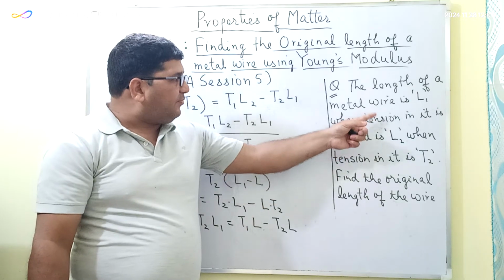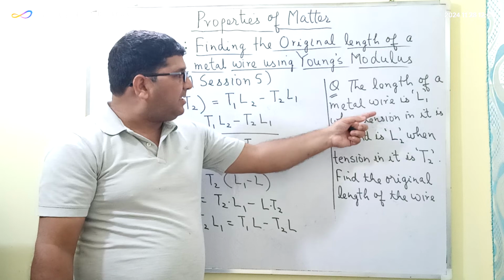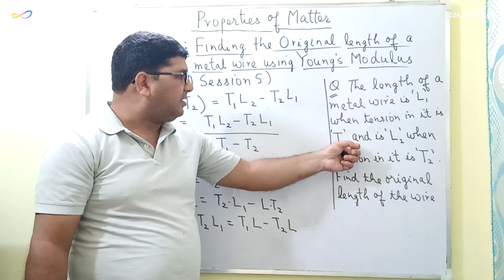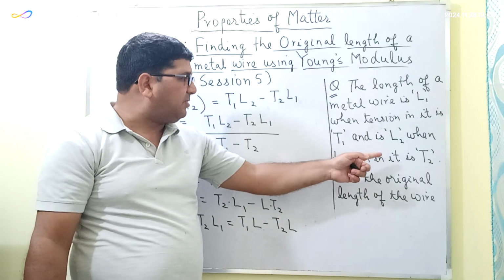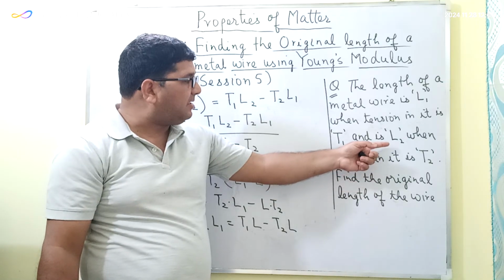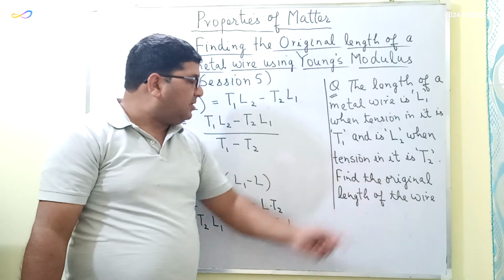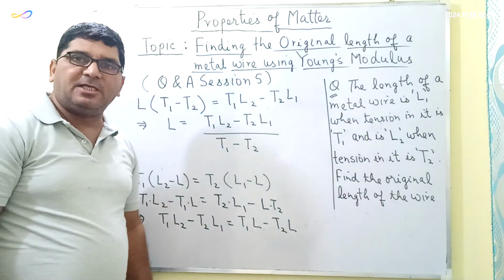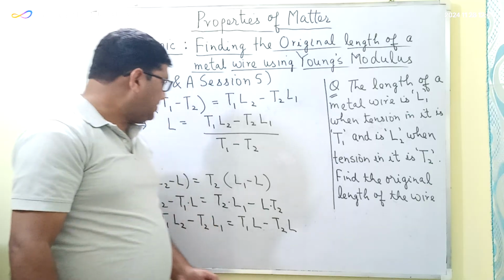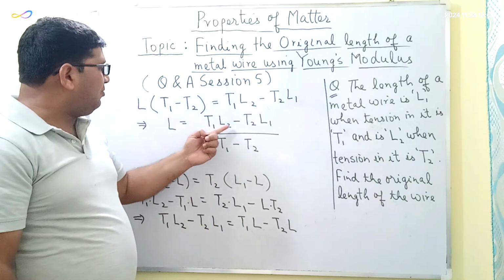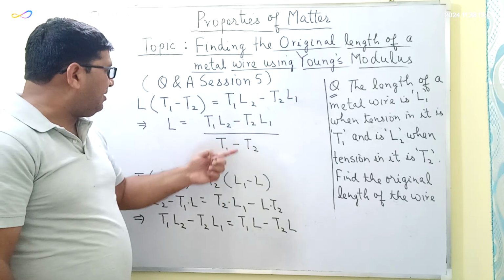In the first case, when the wire length was L1 and the tension in it was T1, and in the second case, when the wire length was L2 and the tension in it was T2. So we have got two equations, and then after equating both these two equations we have got the original length of the wire, which is equal to T1 L2 minus T2 L1 divided by T1 minus T2.